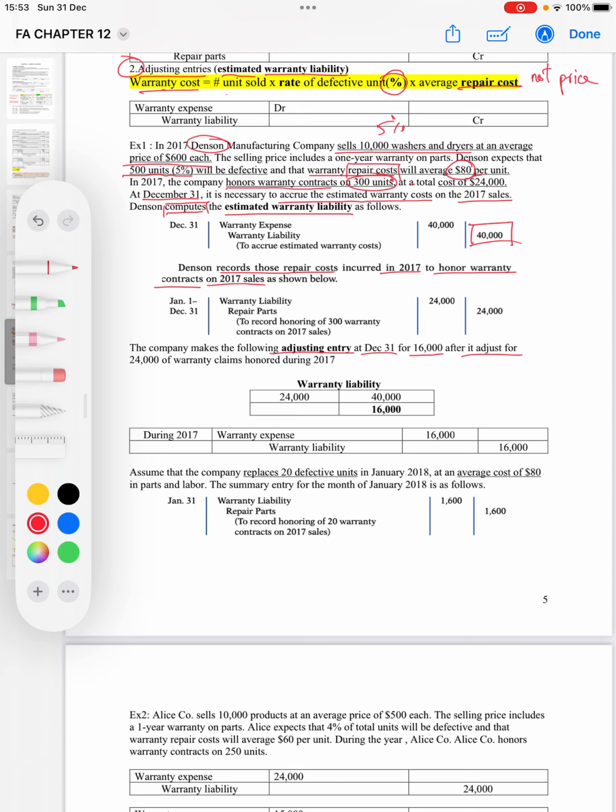They only need to perform 24,000, because they expected 500 units to be defective, but they only have to honor warranty contracts on 300 units.